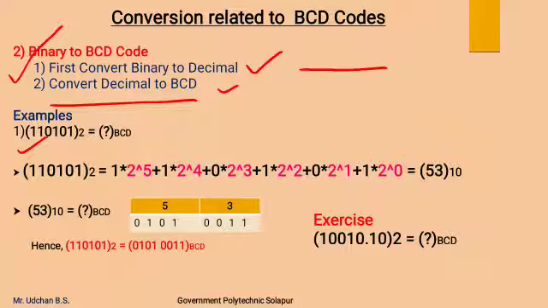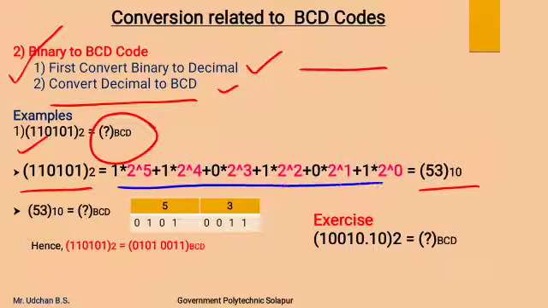In this, the example taken is 110101, which is a binary number. We have to find a BCD code for the same. So first of all, convert the given binary number into decimal by writing positional weights for each of the digits in the binary number, which we know very well, in powers of 2. After that we will get 53 as a decimal number.